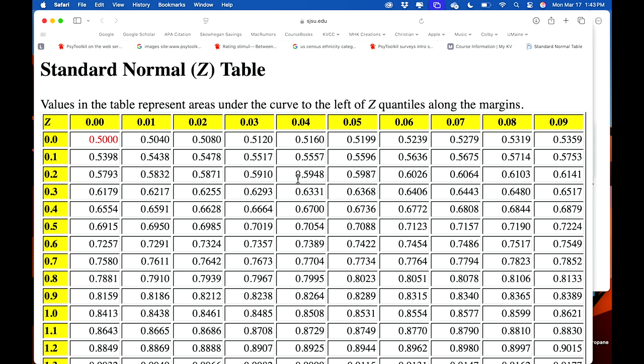Okay, so right here, the 0.3 z-score over here means that from that z-score under the 0.05 significance level, it's 0.3 here, 63.68% of the data is to the left of that point.